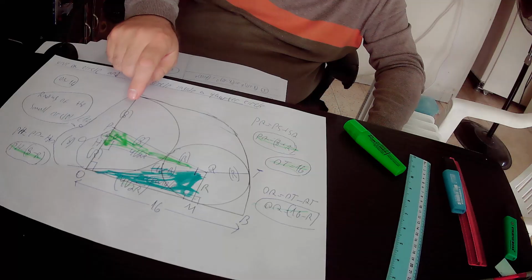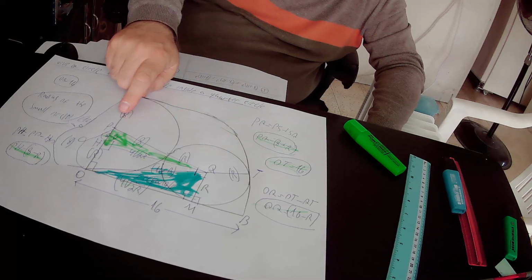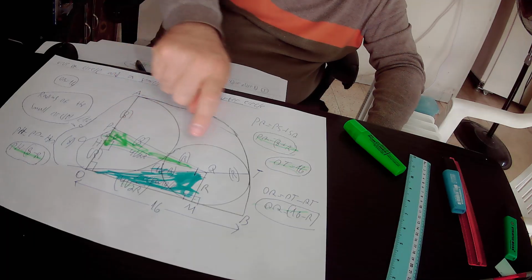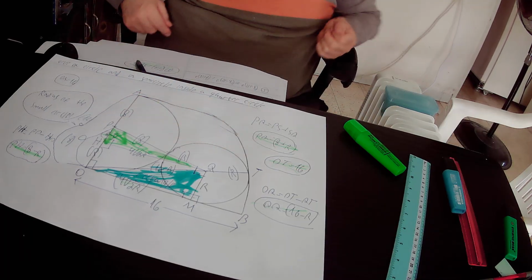Therefore, when we join points P and Q by a straight line, the line PQ passes through point S.